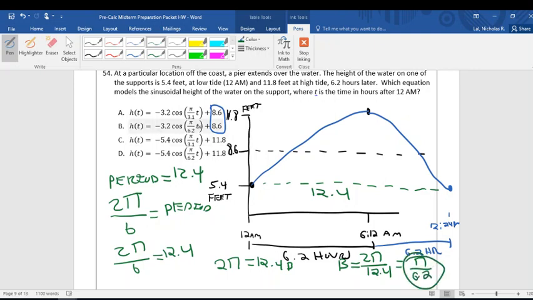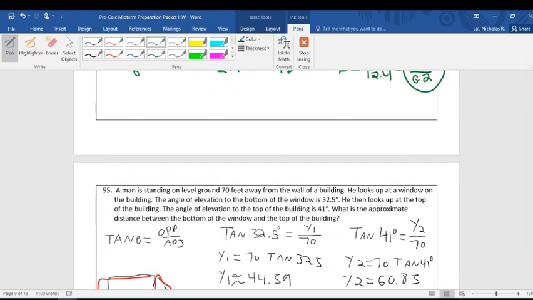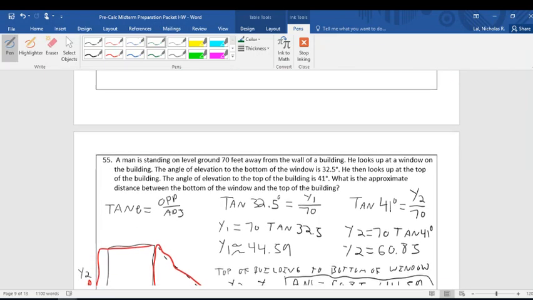And when do we have b as pi over 6.2? That's in option choice B, pi over 6.2. So that's going to be our answer right here, answer choice B. So that's 54. You have to just understand sine functions. We've already done 55.